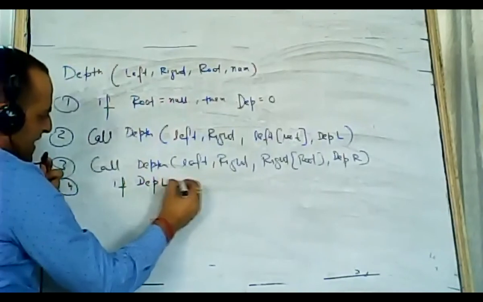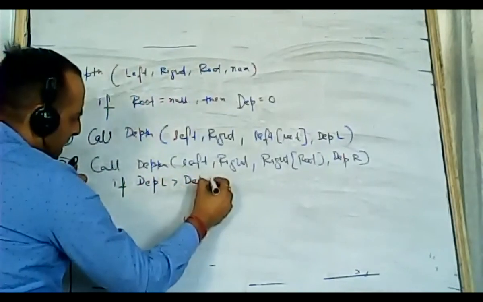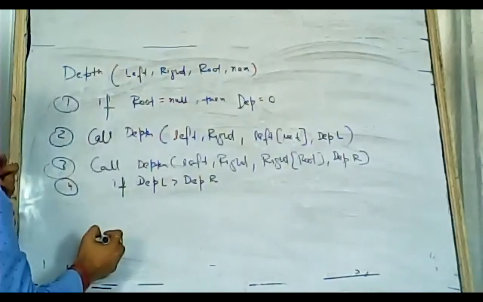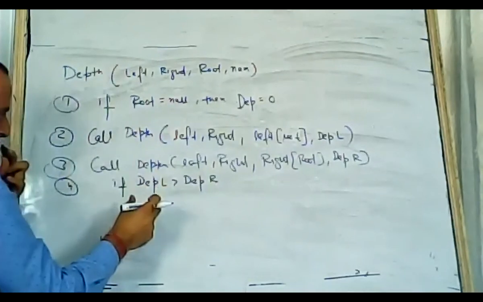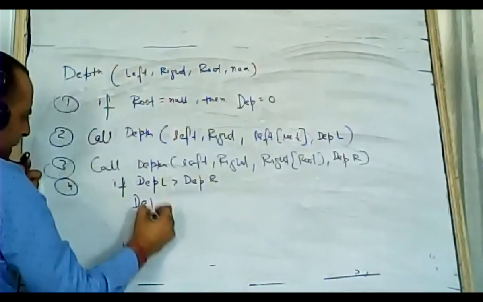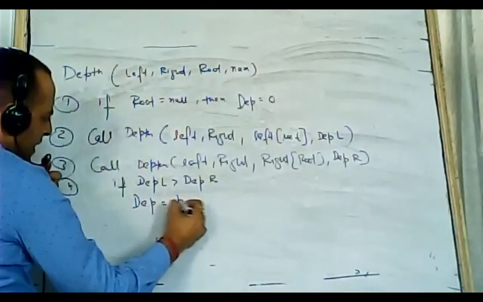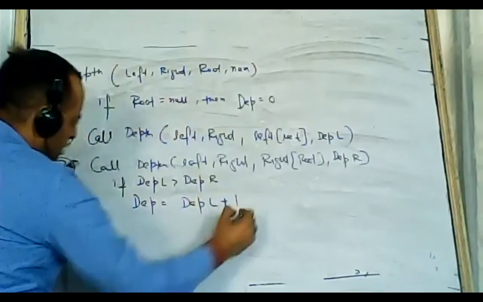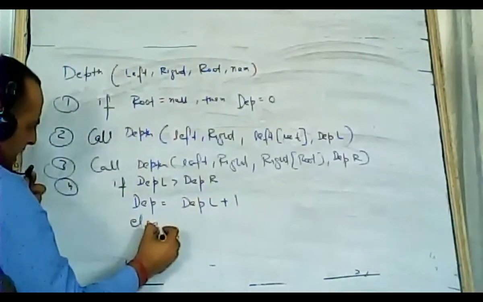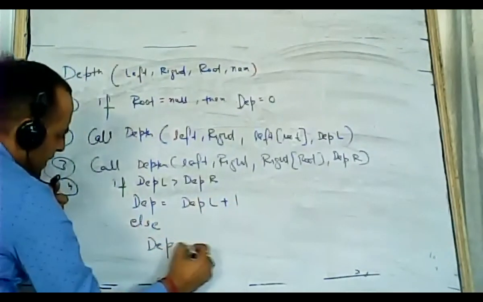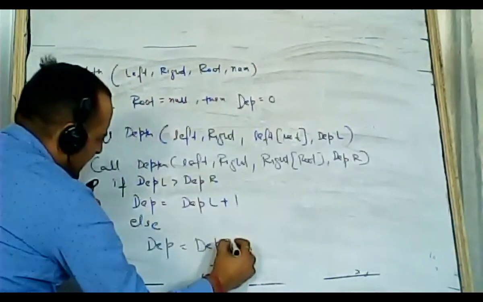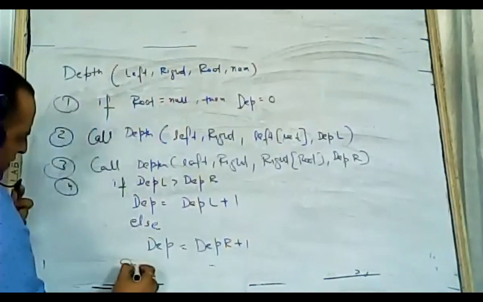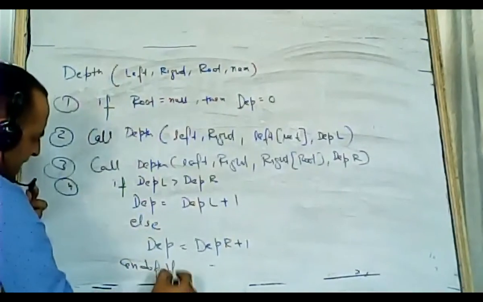If depth of left is greater than depth of right, then depth will be depth of left plus 1 for the root. Else depth will be depth of the right plus 1. End of if. Is it easy?